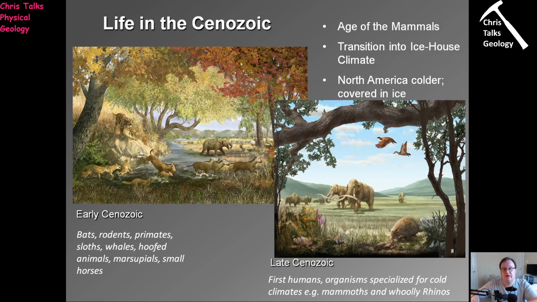Okay. By the late Cenozoic, what do we see? Well, we see the first humans appearing. We see organisms specialized for cold climates beginning to appear, because in the early Cenozoic, the conditions are somewhat similar to the late Mesozoic. However, the general trend throughout the Cenozoic is for a decrease in temperature, and eventually that gets us to the point where we end up having an ice age.